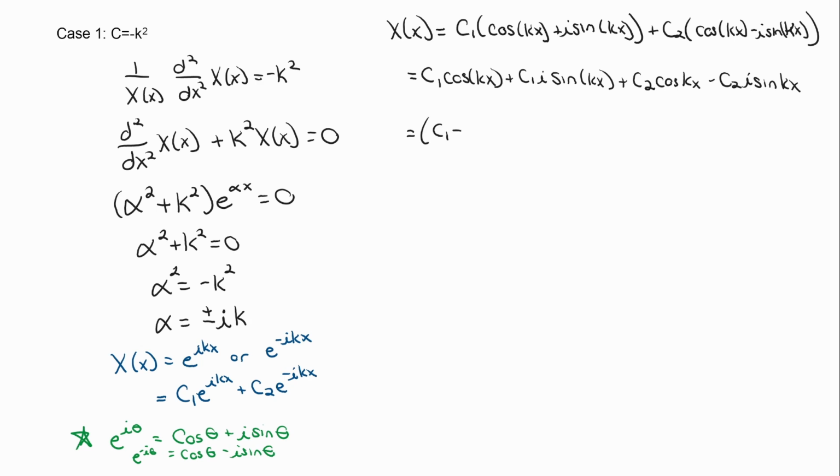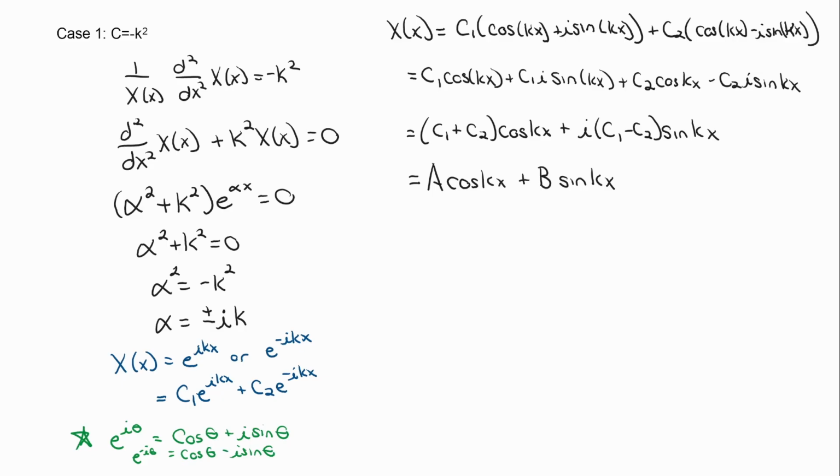We'll have C1 plus C2 times cosine of kx plus i times C1 minus C2 times sine of kx. We can redefine all these constants in front of our sine and cosine terms, and we'll just call this A cosine kx plus B sine kx. You don't need to retain the i or anything. The i is a constant, just keep that in mind. So now we can redefine it as A and B in front of our cosine and sine terms.